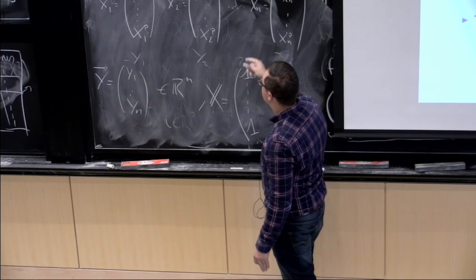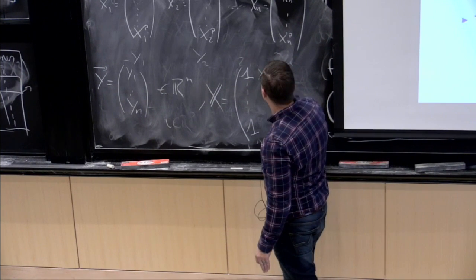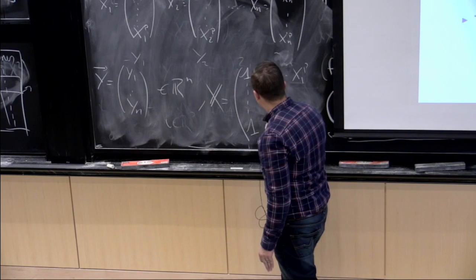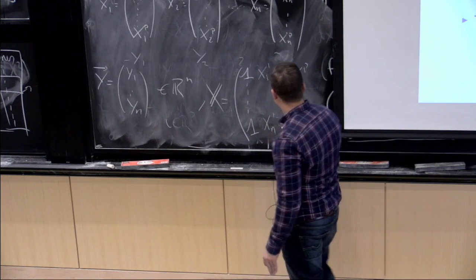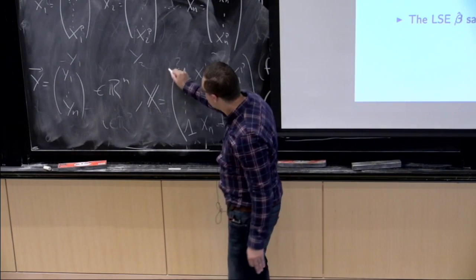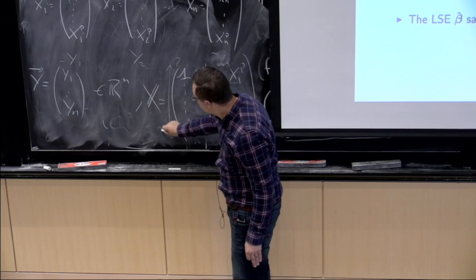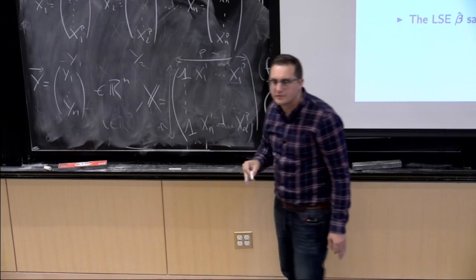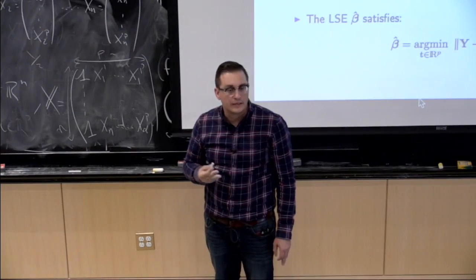And then I'm going to have x1^1 to x1^p, and here xn^1 to xn^p. Okay, so here the number of rows is n, and the number of columns is p. One row per observation, one column per coordinate.